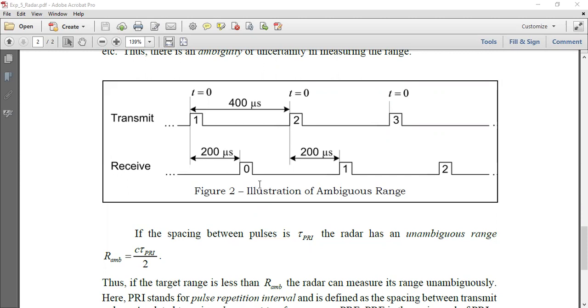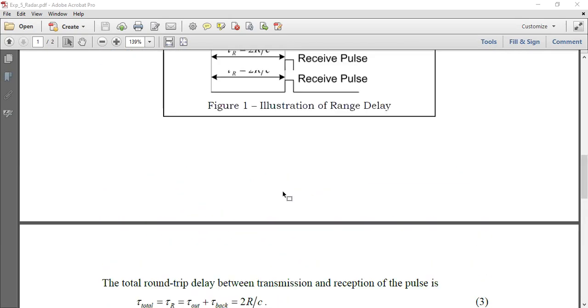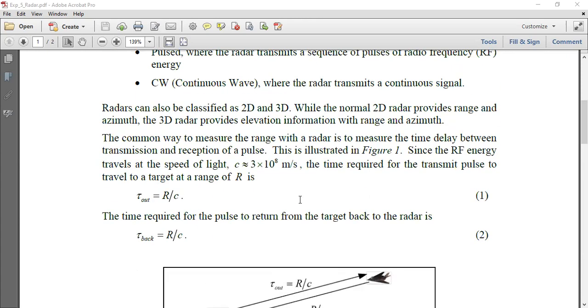Okay. For the case of a 3D radar, it is more complex. You may need the help of an additional antenna, or scanning also in the vertical direction. And when you do that, then it's a 3D radar, which gives information of both.